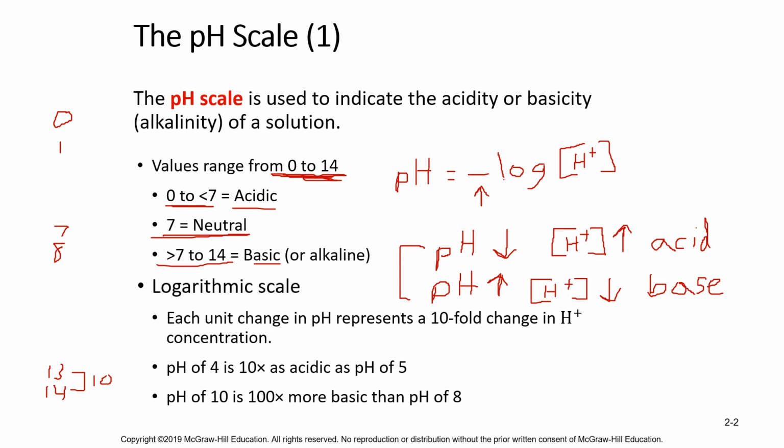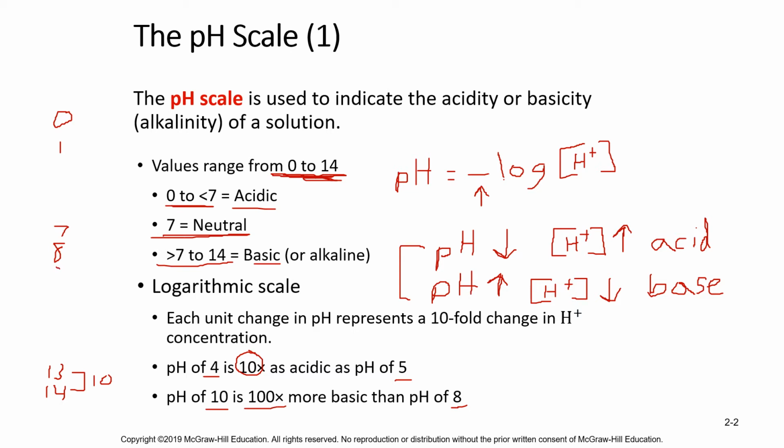So if I ask you how much more acidic is a pH of 4 versus a pH of 5, that's only one step, so it's 10 times. A pH of 10 is more basic than a pH of 8, 100 times.